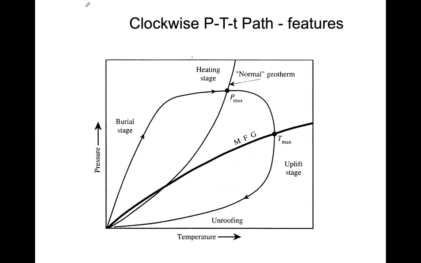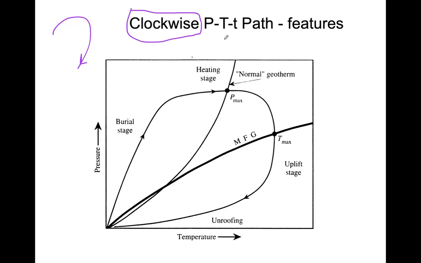And another important factor is the direction of a PT path. So what is this direction? That's whether you are experiencing a clockwise direction or anti-clockwise direction. In this case, you always see clockwise direction like this, right?